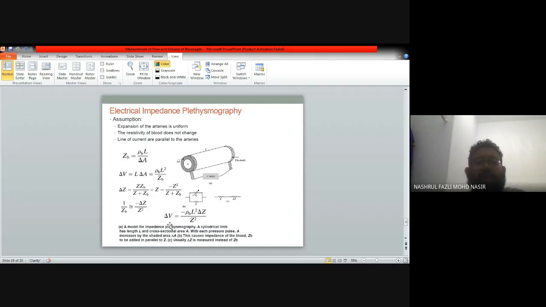You want to measure the volume. It is governed by the resistivity of the blood, your limb length, and the electrical impedance here.